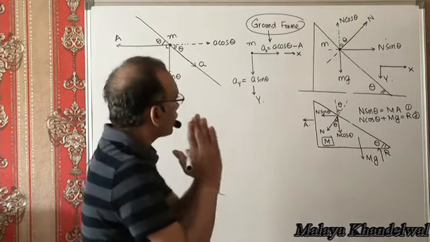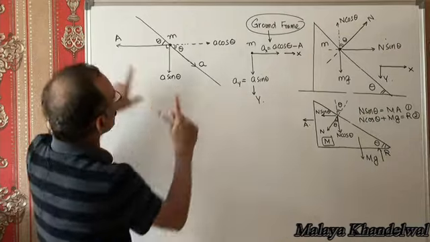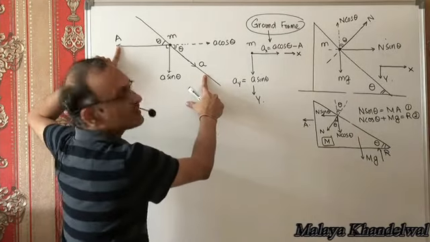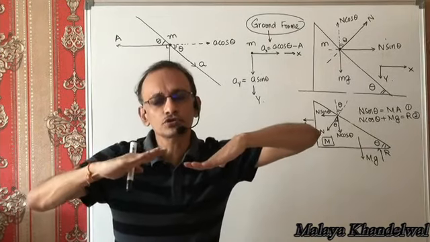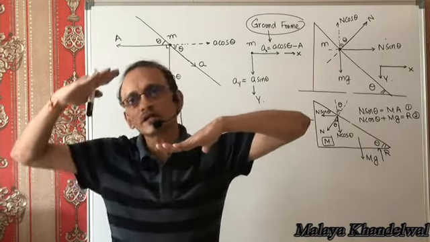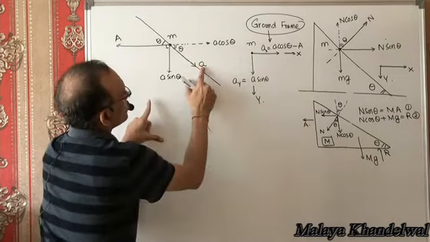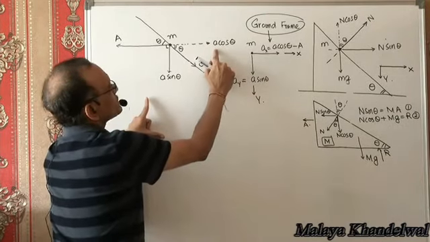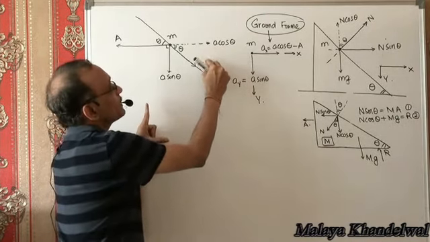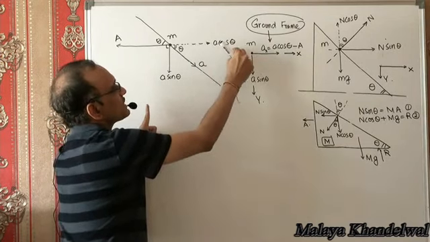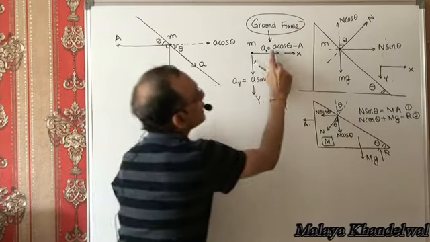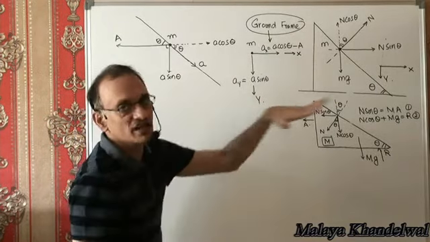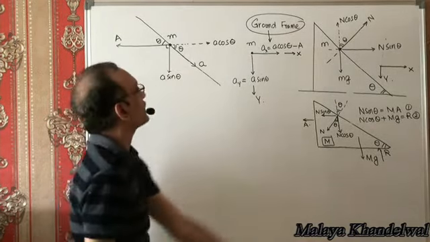So like I said, the resultant of small a and capital A will give me the net acceleration. And this time I choose to look at things horizontally and vertically. In the horizontal direction, the net acceleration in the ground frame is going to be this small a resolved in this direction as a cos theta, and capital A. So a cos theta minus capital A is the acceleration of small m along the x-axis.